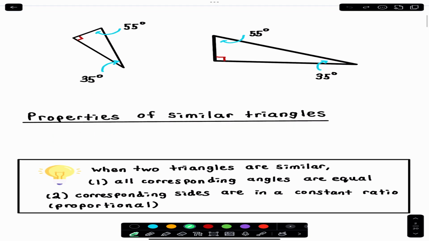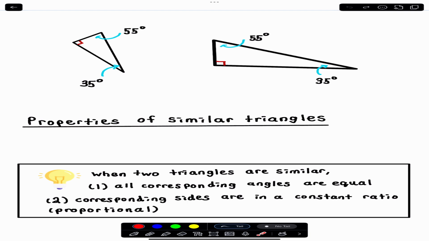And over here we have a more specific example with some numbers, because why not? So over here we've labeled some angles. Remember, this little square over here just means it's a right angle, so it's 90 degrees. And both of these triangles have measurements of 55 degrees and 35 degrees. And we're going to see later on, these 2 triangles are definitely similar to each other.